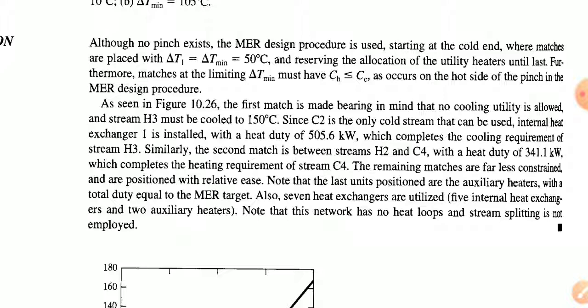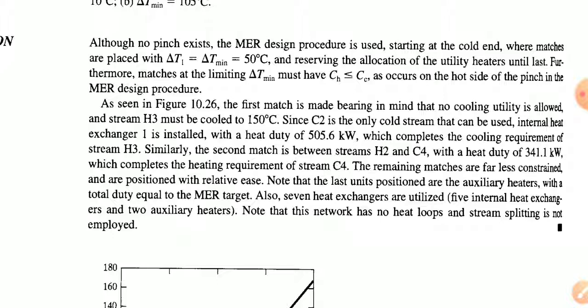Further matches at the limiting delta T minimum must have the hot phase less than the cold phase, as occurs on the hot side of the pinch in the maximum energy requirement design procedure, as seen in figure 10.26.